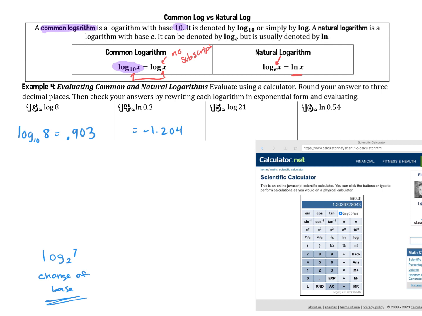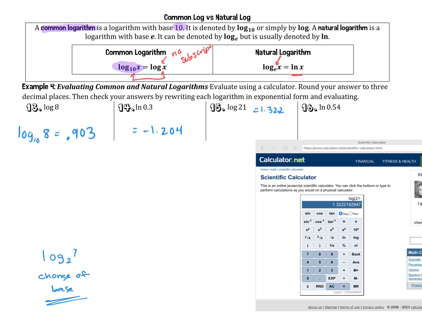So go ahead and pause the video and try 15 and 16 on your own, and then unpause the video and see how you did. All right, so hopefully you had time to try that. Log of 21 is going to be equal to 1.322.